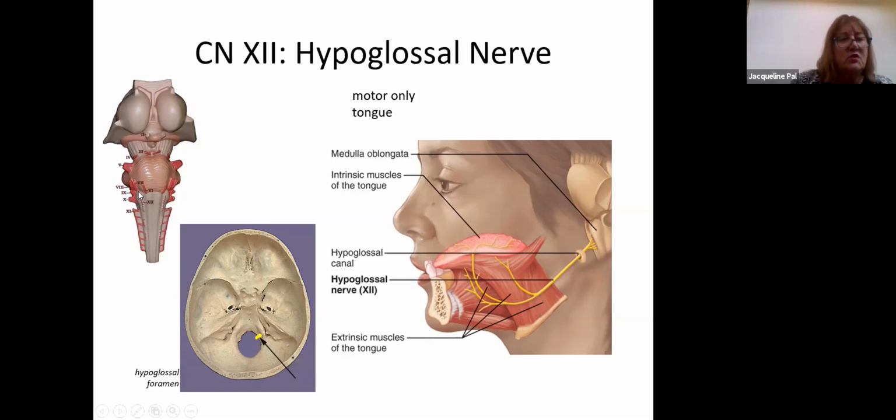If we look at the medulla oblongata, what you can clearly see is 7, 8, 9, 10, and 11 going out like this. But for 12, we need to go up and then back towards the midline. So this is the 12th cranial nerve right up in here. Okay. So that's the hypoglossal.